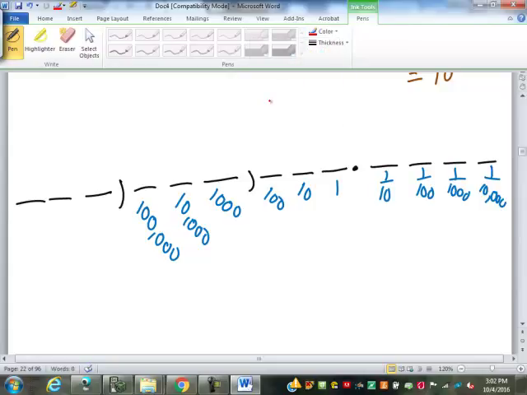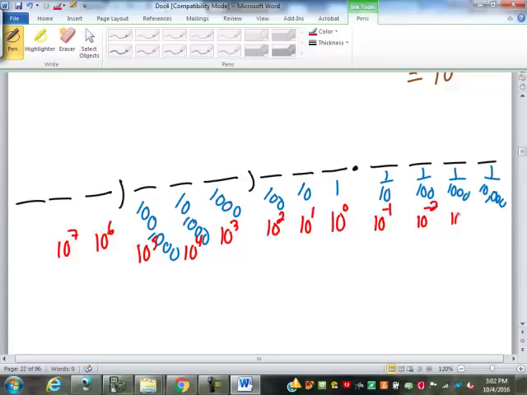Those are just our powers of 10. This is 10 to the 0, 10 to the 1, 10 squared, 10 to the 3rd, 10 to the 4th, 10 to the 5th, 10 to the 6th, 7th, and so on. This is 10 to the negative 1, 10 to the negative 2, 10 to the negative 3, 10 to the negative 4.